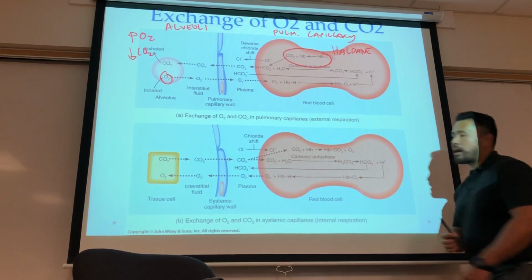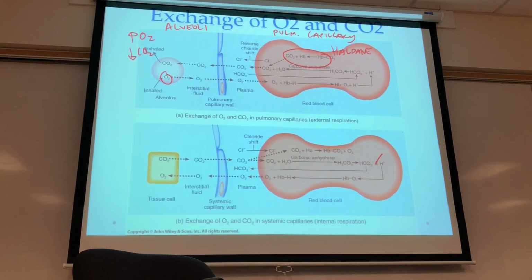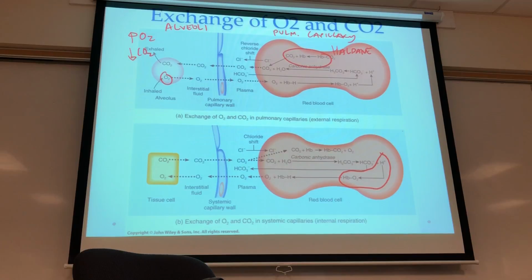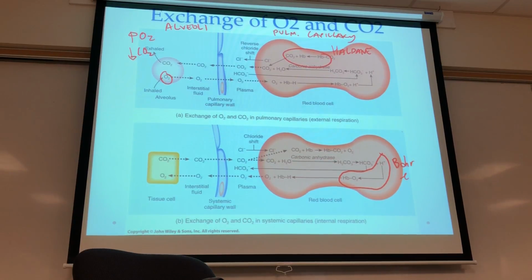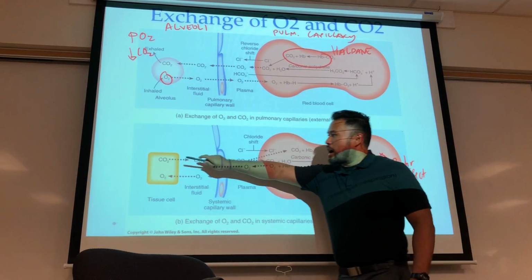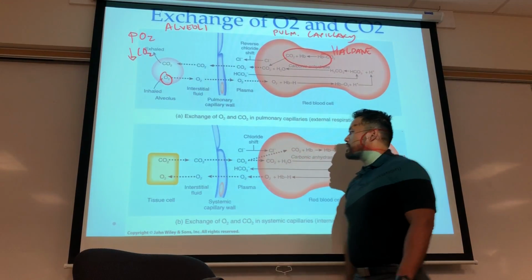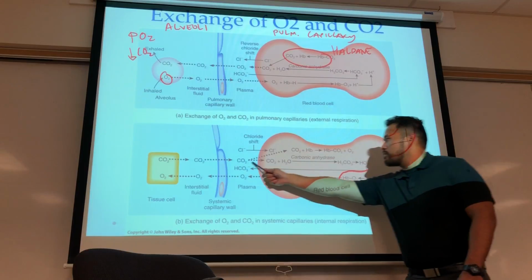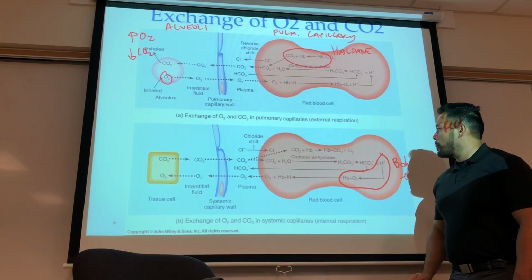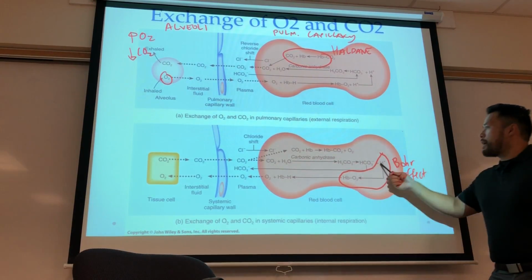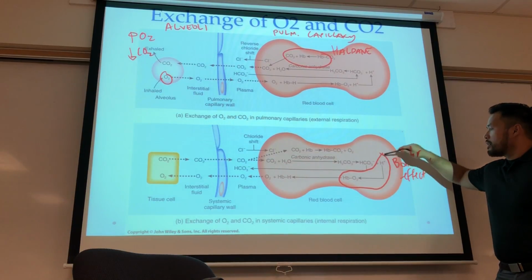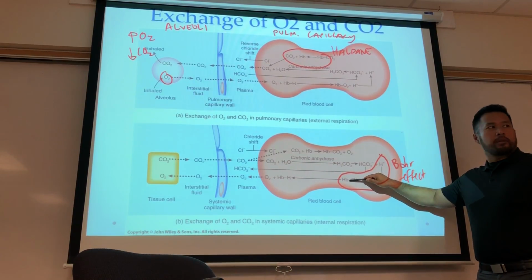So again, playing that back up. All this right here is the Bohr effect. And once again, tissue cells that are high in CO2 that's getting released will get taken into the red blood cell, which will affect the hemoglobin already saturated.